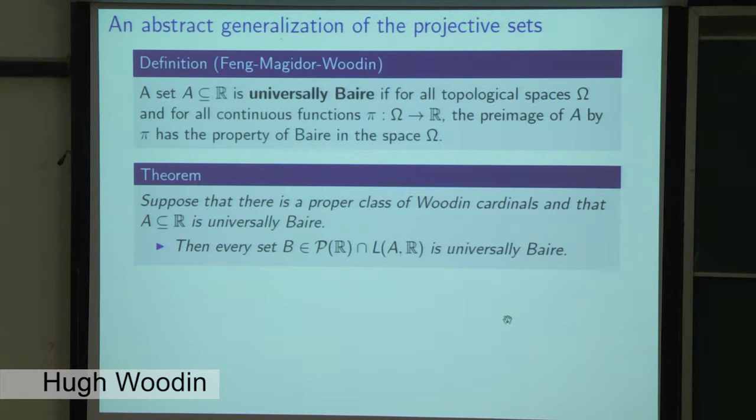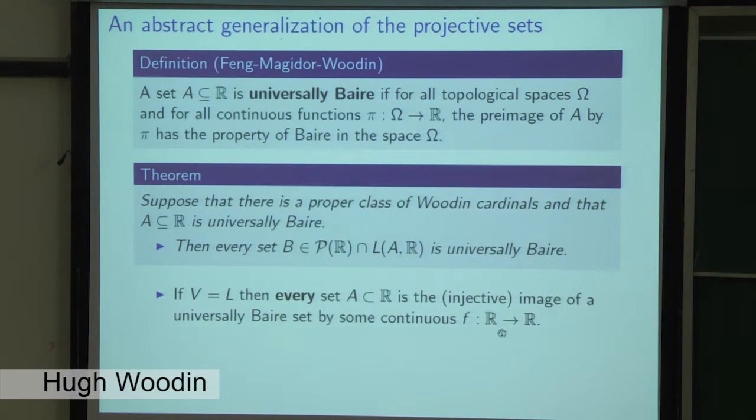But the universally Baire sets are a nice collection of sets. They couple into large sets because you really have to look at arbitrarily large general spaces. If you have large cardinals, so a proper class of Woodin cardinals, then the universally Baire sets have very nice closure properties. If A is universally Baire, then every set that you can construct from A in the reals is universally Baire. Now you need large cardinals for that.